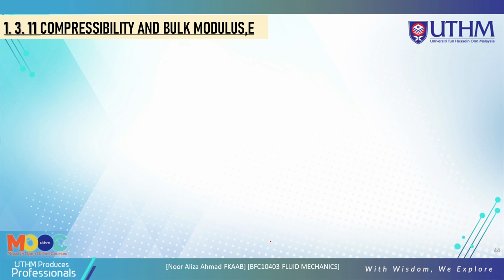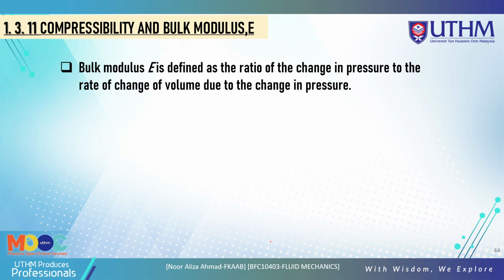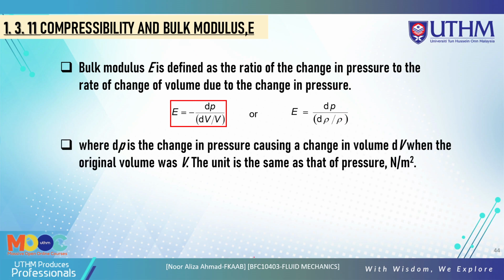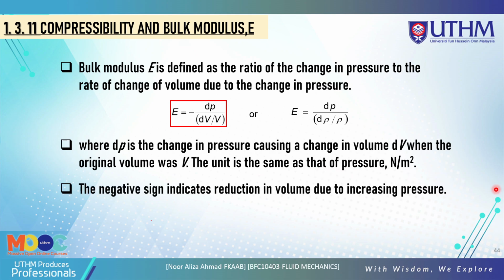Now, compressibility and bulk modulus, using E here. Bulk modulus E is defined as the ratio of change in pressure to the rate of change of volume due to the change in pressure, where dP is the change in pressure causing a change in volume when the original volume was V. The unit is the same as pressure, Newton per meter squared.